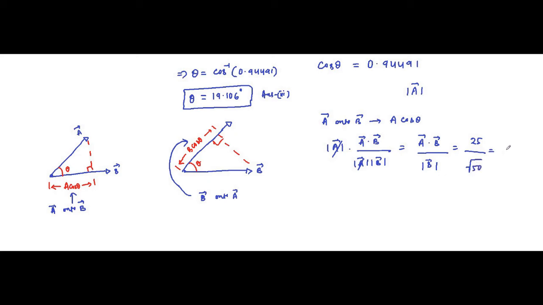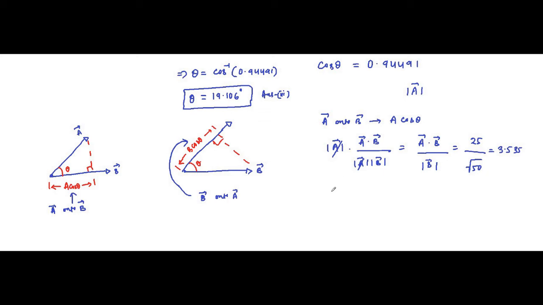So here the result will be 3.535. Obviously it will be a scalar value. That is the scalar projection of A vector onto B vector.